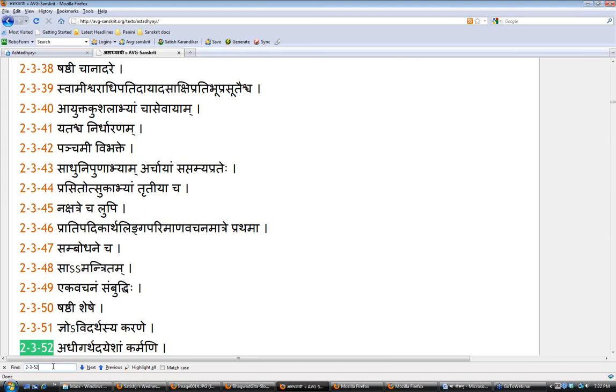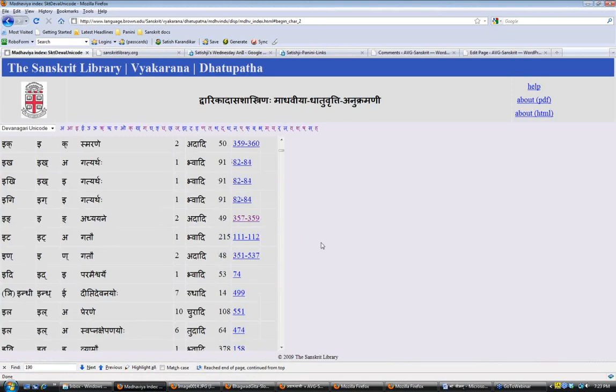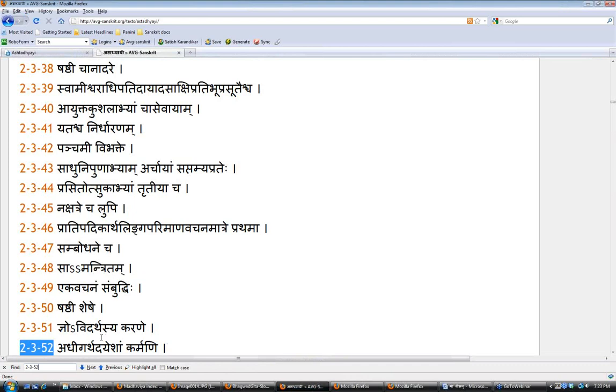Let's look at the dhatu patha, if you can find it here. In the dhatu patha you'll find these 3 dhatus, all in the adadi gana. One is ik smarane. That's the least used dhatu, and it is the one referred to in Sutram 2-3-52, where we are talking about adhig artha: adhi plus ik.